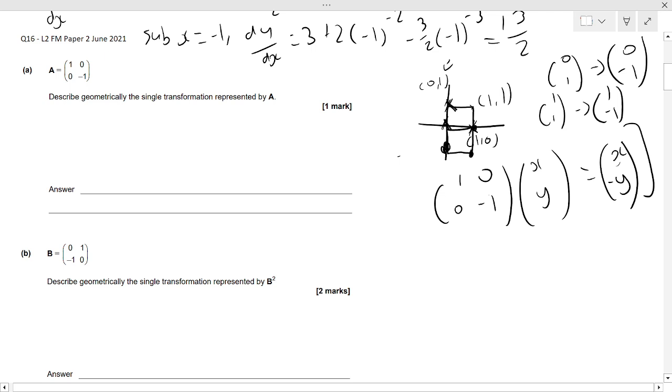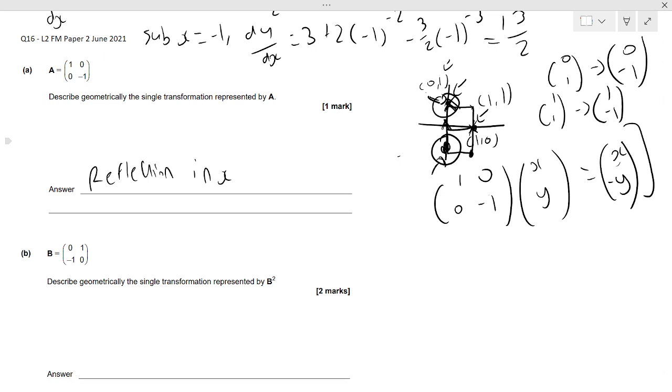Let's have a look. So 1, 0. Remember, this went down to here. If you instead rotated the same point 90 degrees, it would go to here, wouldn't it? Not here. So the only way you can go from this point to this point is a reflection in the x-axis, isn't it? So that's going to be our answer. Reflection in the x-axis.